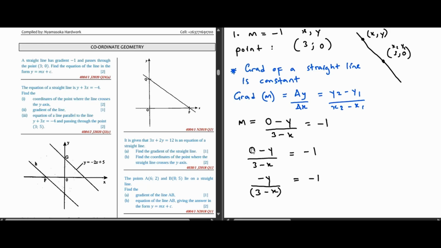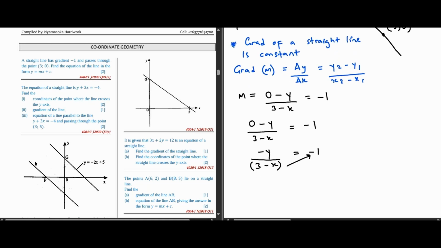Zvatakadzidzisana, we come back to this. Tisati tashandisa cross multiplication. And what it entails is inenge minus y is equal to minus 1. Agare ruko. Then 3 minus x ikuenda kuno multiply uko.